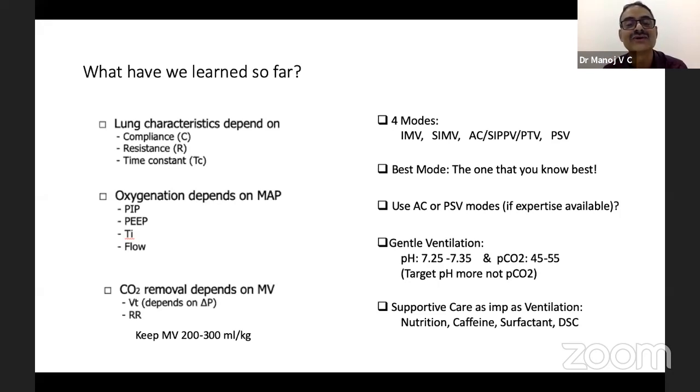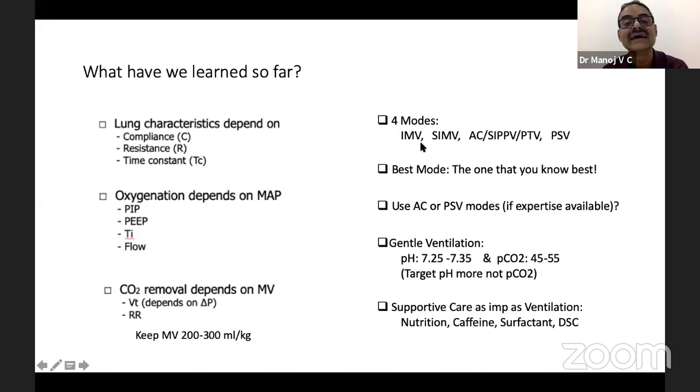Alveolar ventilation you cannot measure, so you add up dead space ventilation to alveolar ventilation and you get minute ventilation, and you aim for a figure of 200 to 300 ml per kg of minute ventilation, then you will have perfect CO2 removal. And this is actually minute ventilation. We all know the formula is tidal volume into respiratory rate.